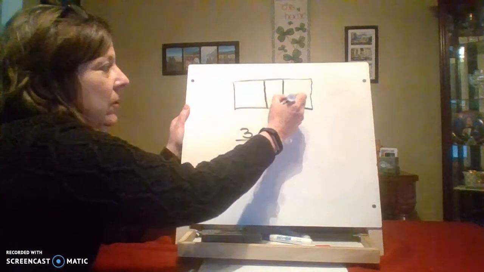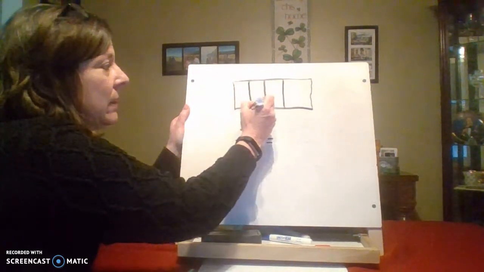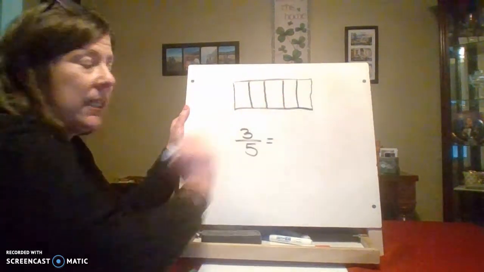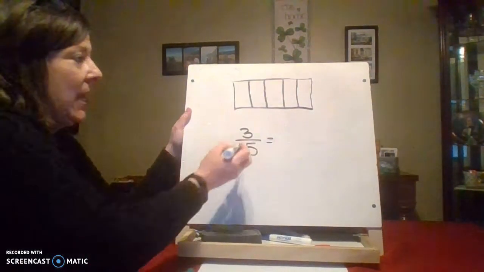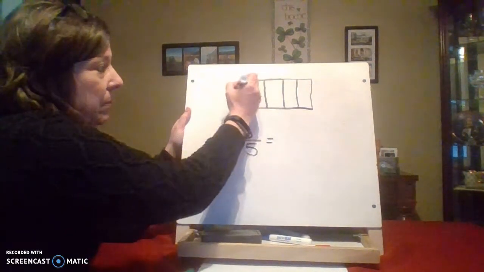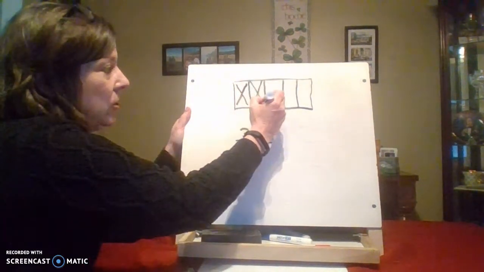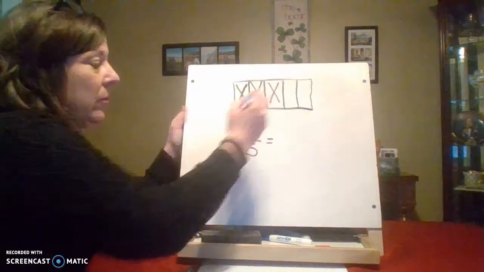On Zearn, you might have to decompose the whole into parts. 3/5 would be 1, 2, 3.